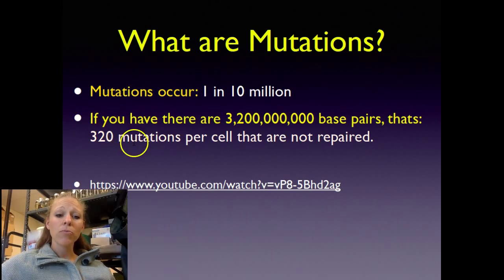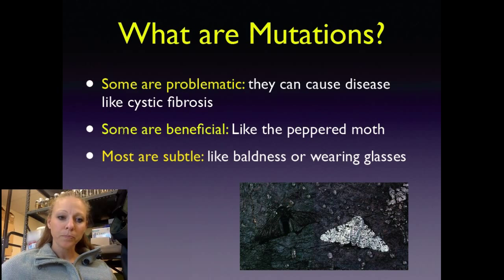And so that gives us about 320 mutations per cell that are not repaired. And so 1 in 10 million seems like a pretty good ratio. However, if you have 3 trillion base pairs, you end up having some mutations. Like I said, some of them are silent, some of them are beneficial, some of them are detrimental.